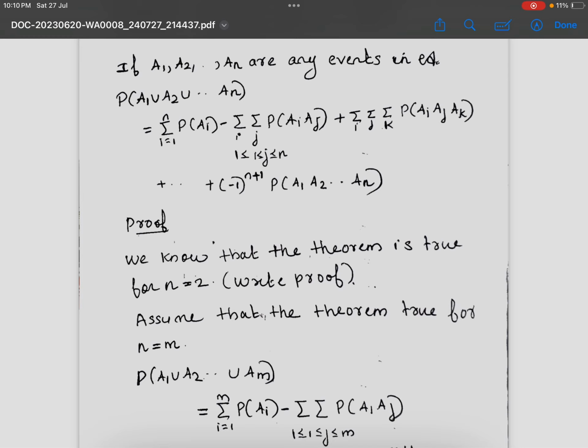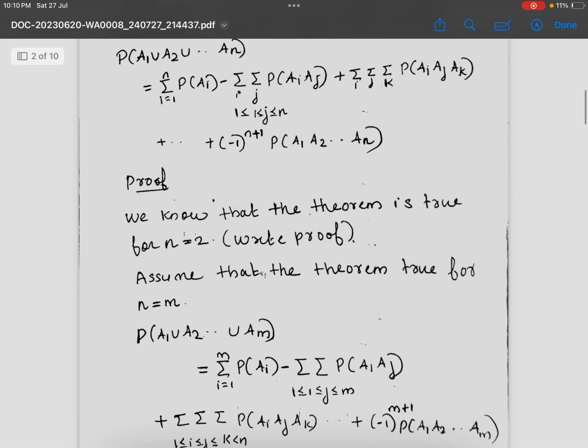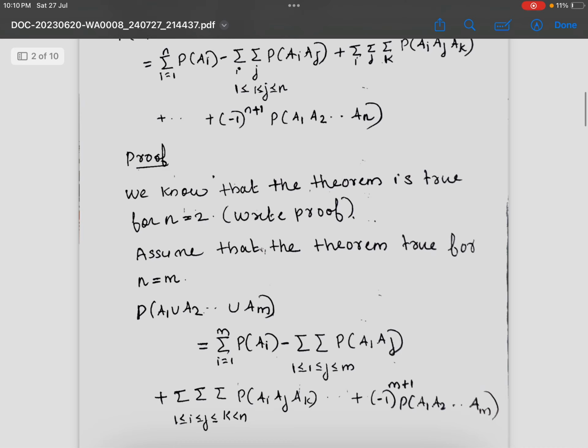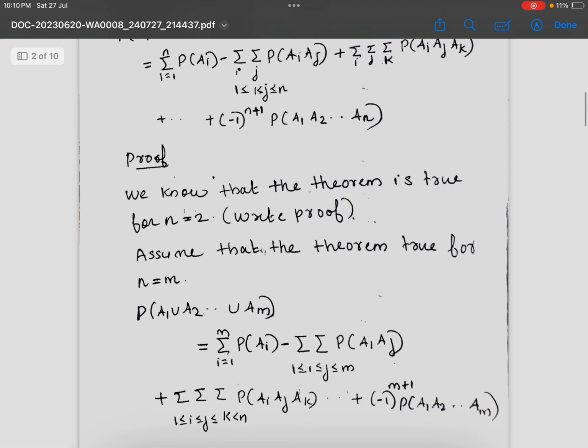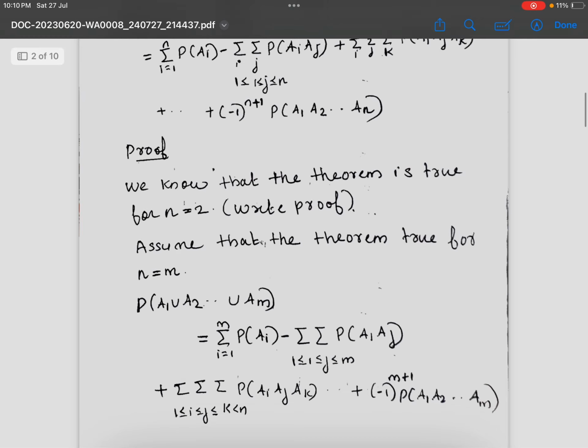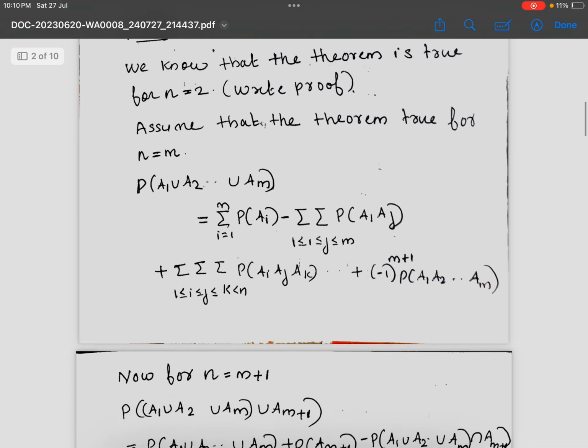Assume that the theorem is true for n equal to m. That is, P of A1 union A2 union etc. union Am is equal to the summation, instead of n here we write m, i equal to 1 to m P of Ai, minus the summation 1 less than or equal to i less than or equal to j less than or equal to m P of Ai Aj, plus the summation 1 less than or equal to i less than or equal to j less than or equal to k less than or equal to m P of Ai intersection Aj intersection Ak, etc., plus minus 1 raised to m plus 1 P of A1 A2 etc. Am.